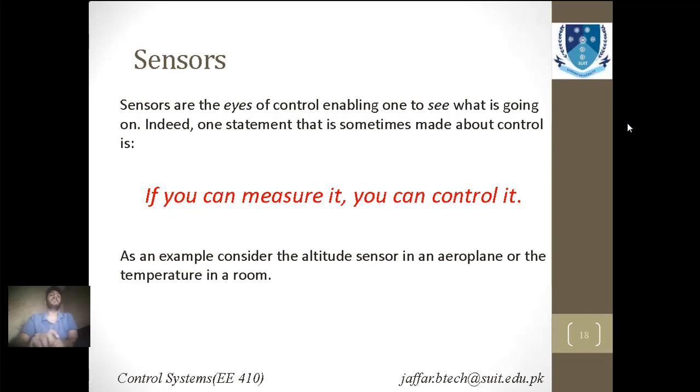But the output will not be okay, because your sensors are wrong. Your sensors are giving you the wrong readings, the sensors are faulty. So you need to have good sensors. If you have good sensors, you can measure the actual readings as compared to the assumption. There is a famous Chinese quote actually: if you can measure it, you can control it. So a good measurement means a good sensor, and a good sensor will cost you more as compared to a bad one.